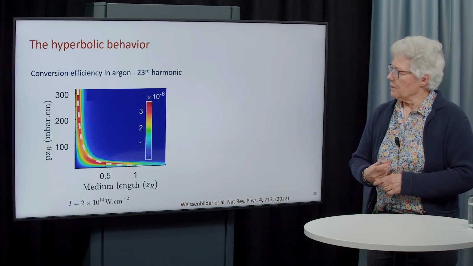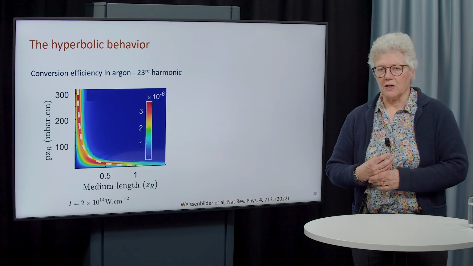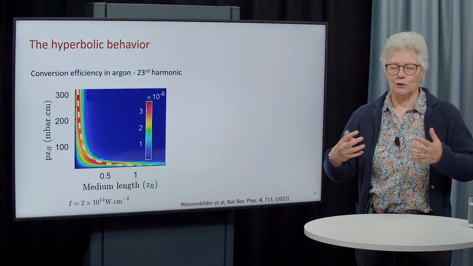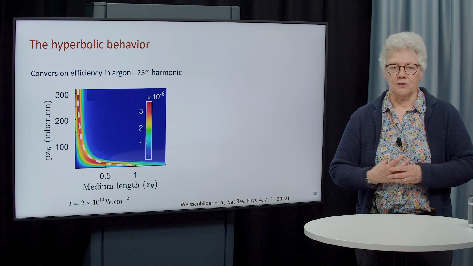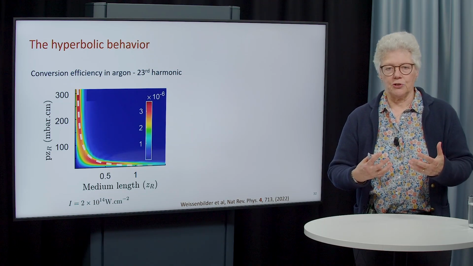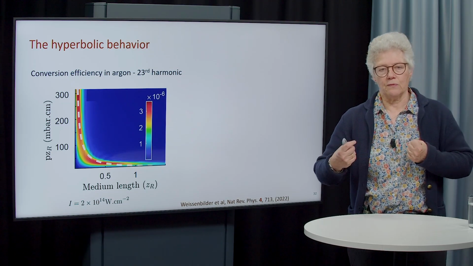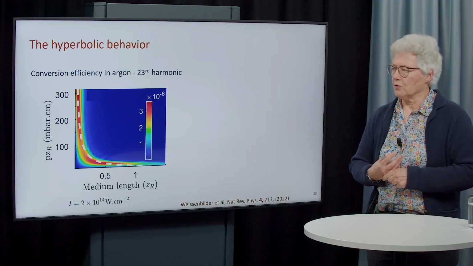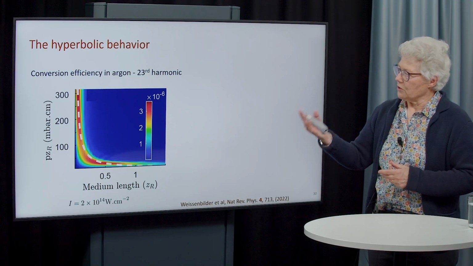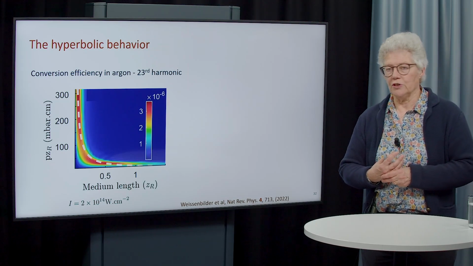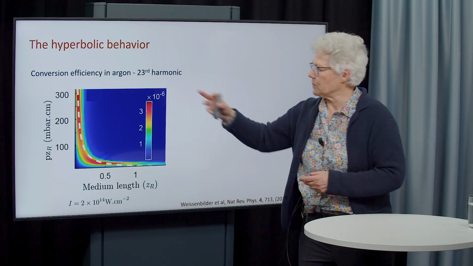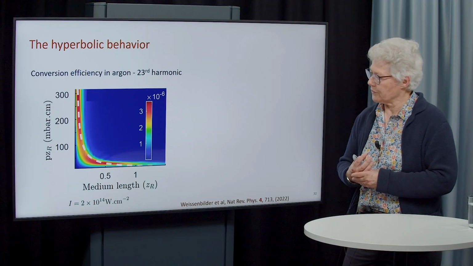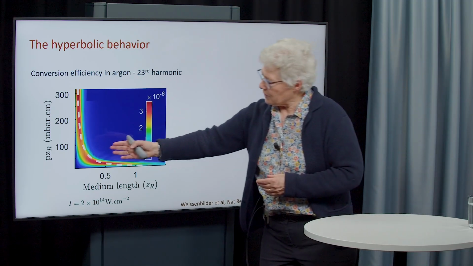So now let me combine what we have learned regarding the phase matching pressure and how the length of the medium should be chosen. And here I'm showing a simulation representing the conversion efficiency in argon for the 23rd harmonic using 800 nanometer wavelength.